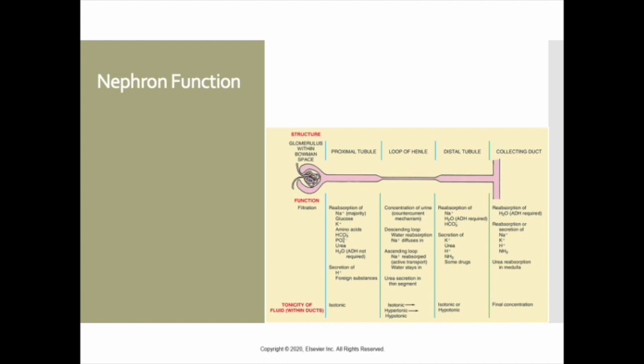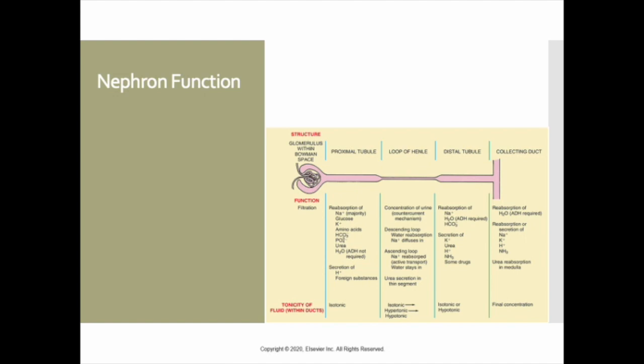And the CO2 and H2O will eventually diffuse into the tubular cell where the enzyme called carbonic anhydrase will then again catalyze that CO2 or that carbon dioxide. And it's also going to catalyze the H2O or water. It's going to form a hydrogen ion. Now this hydrogen is secreted into the tubular lumen.